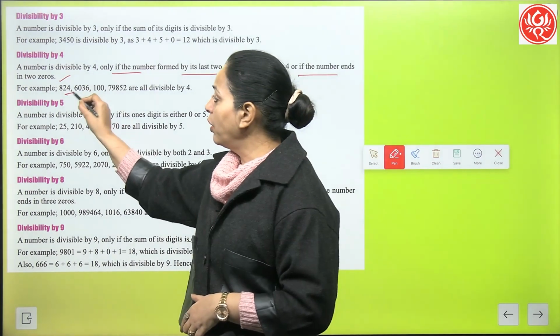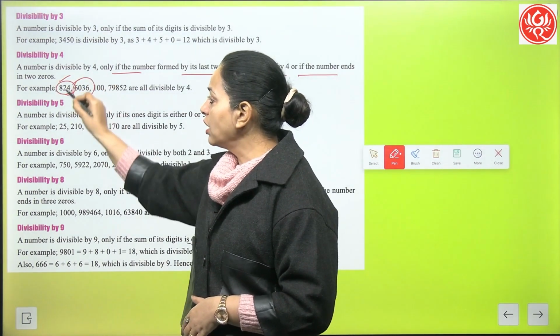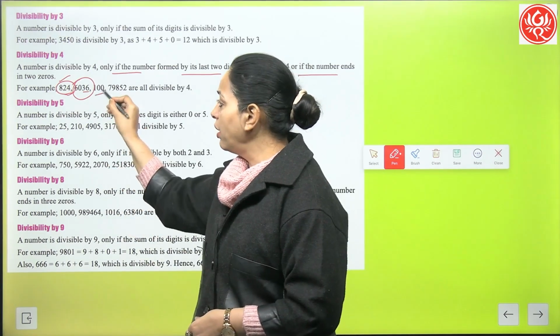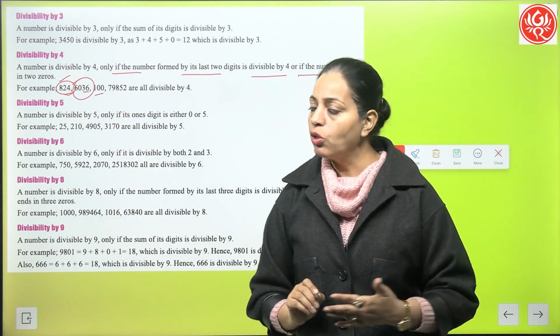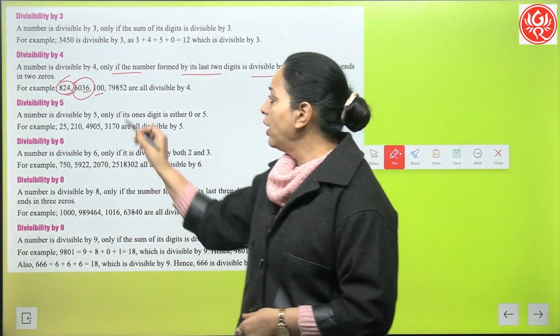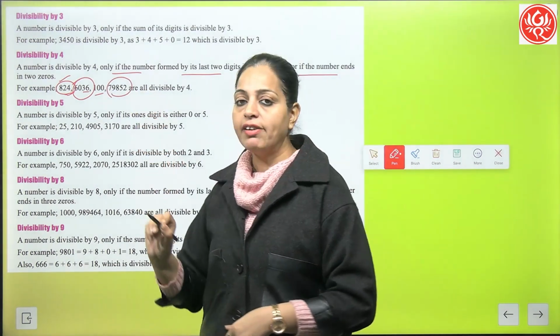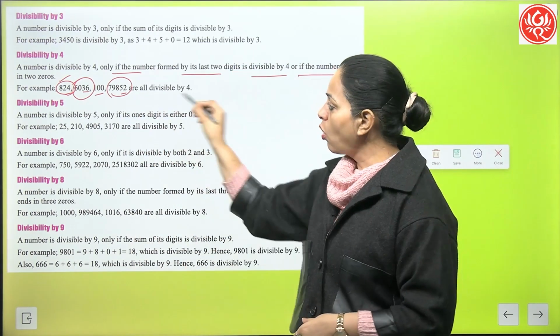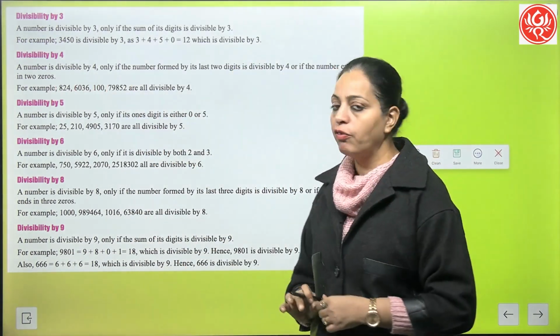See 824, 6036, 36 is divisible by 4. Okay, 100, it is ending with 2 zeros, so it is divisible by 4. Here 79,852, 52 is divisible by 4.